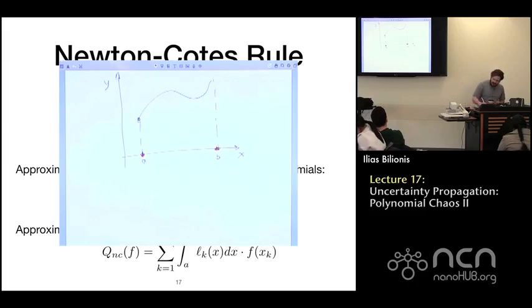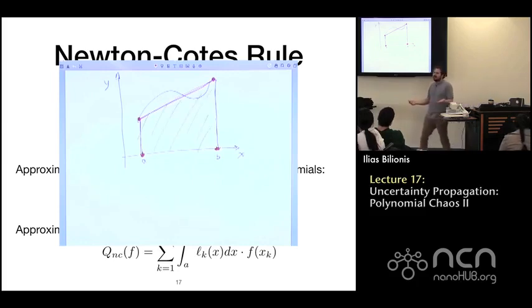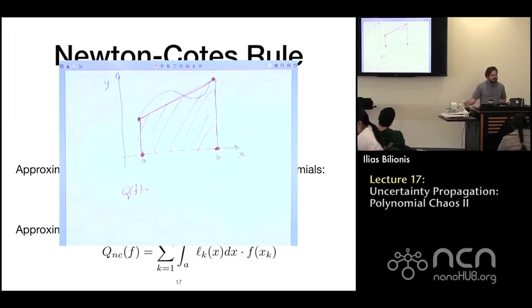You evaluate the function here and you evaluate the function there, and then you approximate the function as a line, and the area below the red line approximates the area below the black line. So that quadrature rule, the trapezoid quadrature rule, is basically, do you remember the formula for the area of the trapezoid?